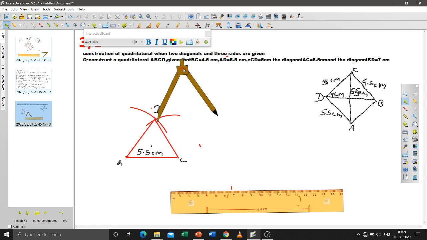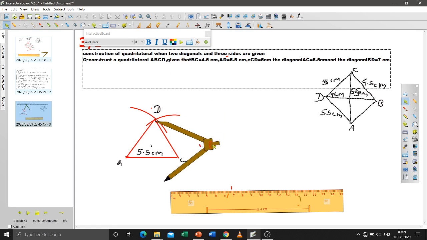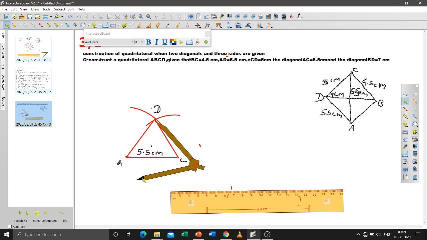Now by taking D as a center, we'll draw an arc of 7 centimeter.